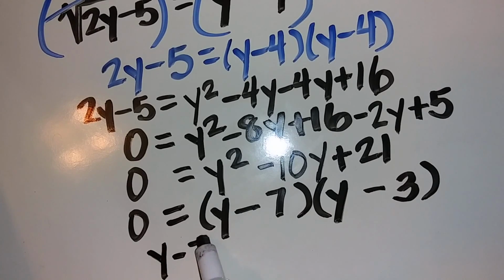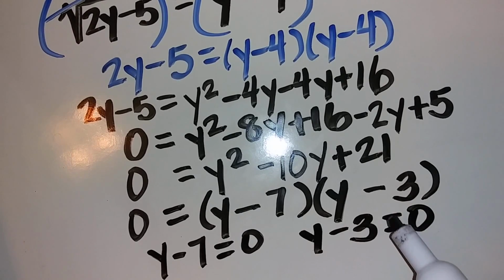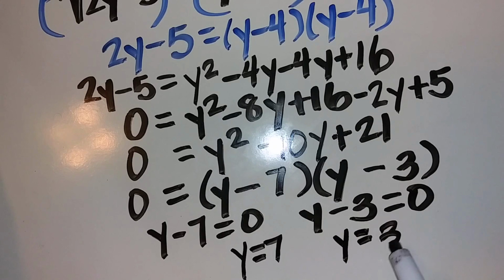So y minus 7 equals 0. And y minus 3 equals 0. y equals 7. And y equals 3. Now, one of these solutions will be extraneous. You can have a case where all the answers are extraneous, or all the answers could be the solution.